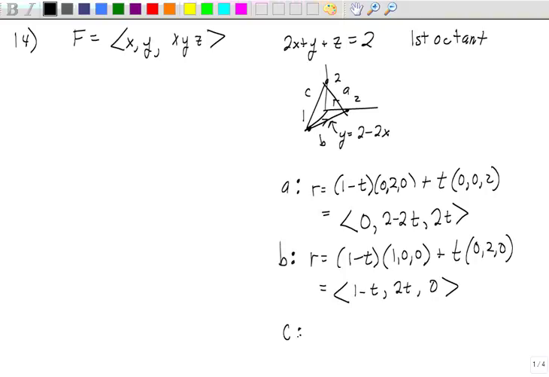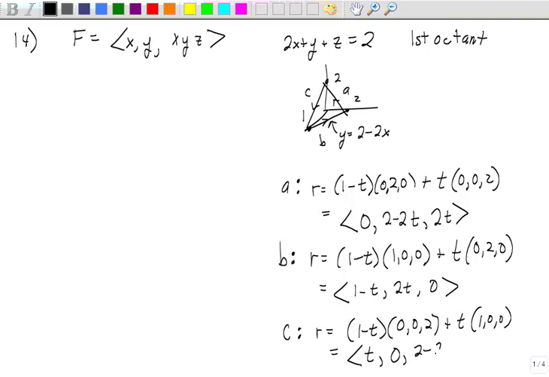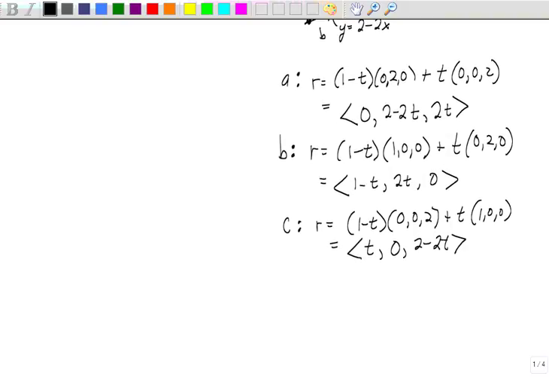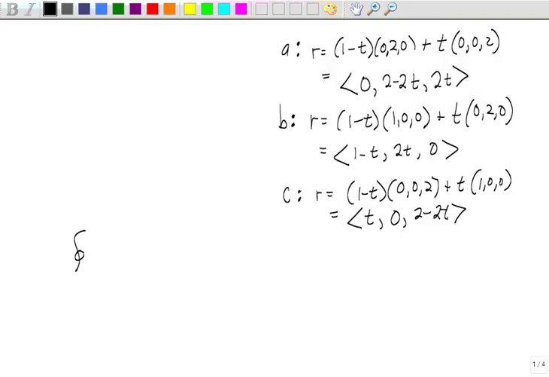And C goes from... Okay. So once you've got your boundary curve and you've parameterized it, we're going to do f dotted with dr, which is f evaluated at r of t times r prime of t.